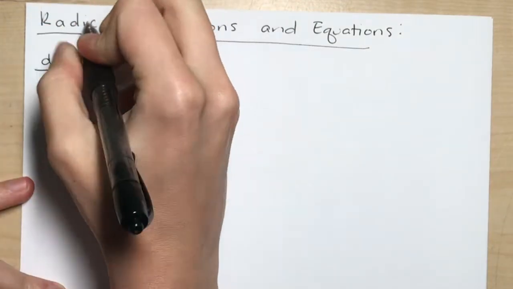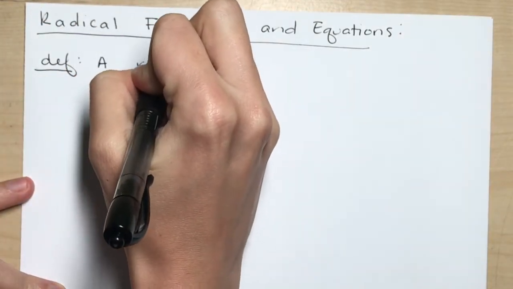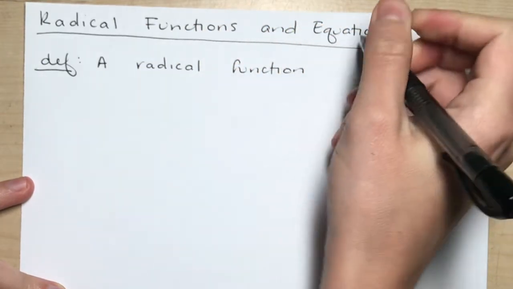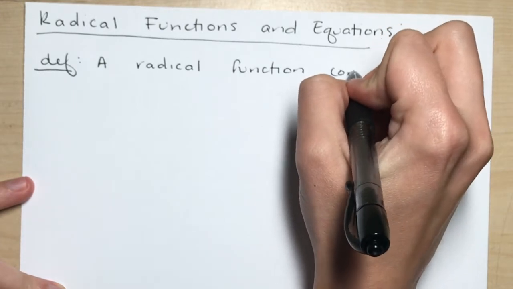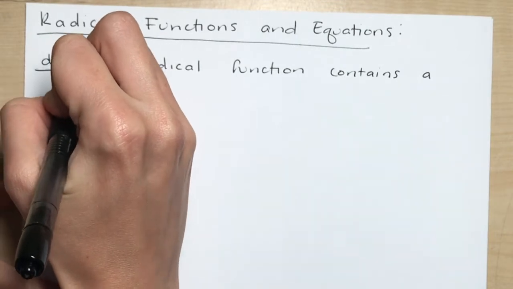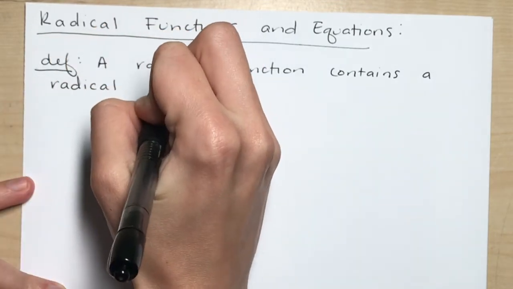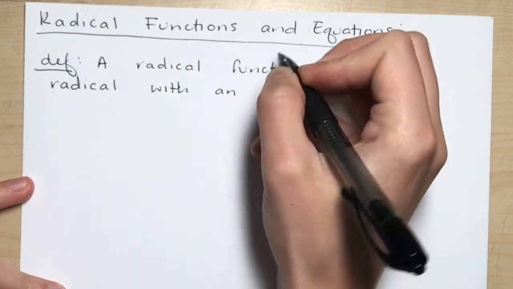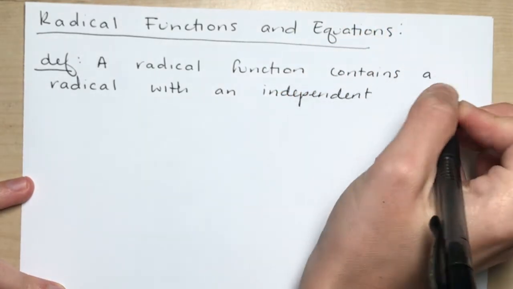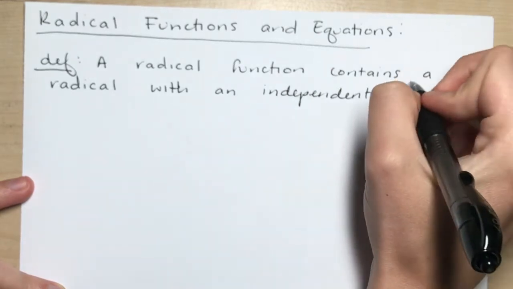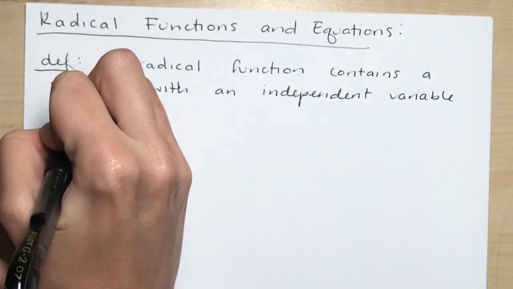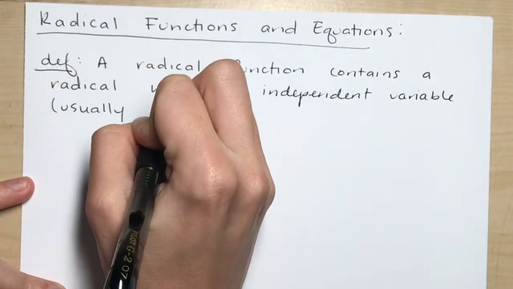Definition. A radical function contains a radical with an independent variable, usually x, underneath.